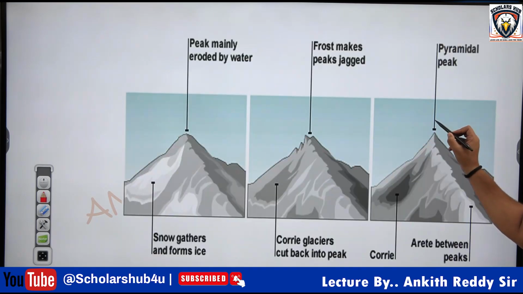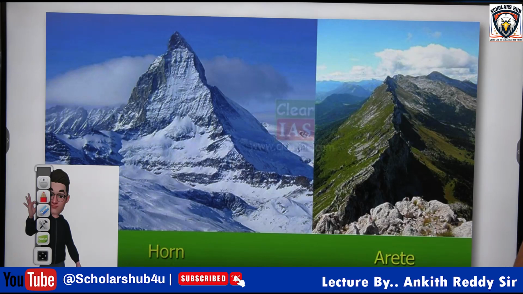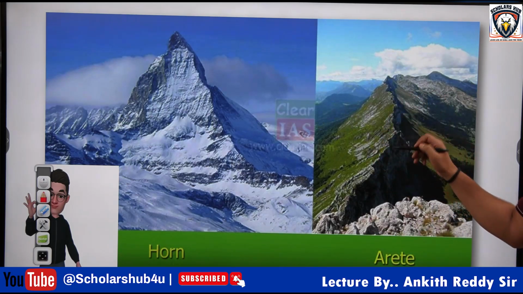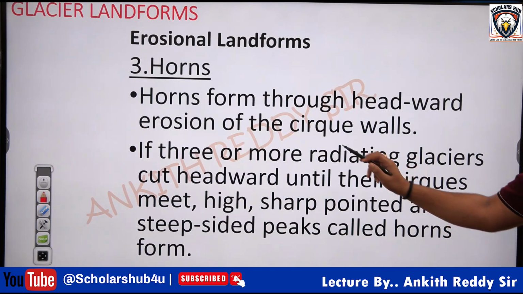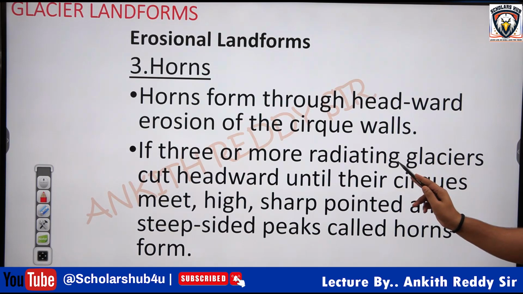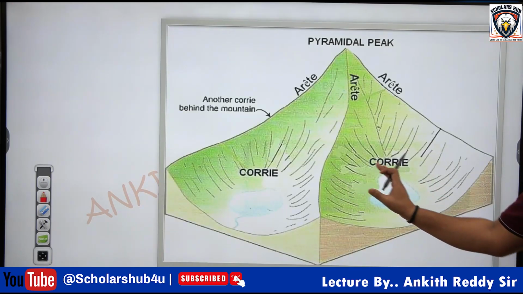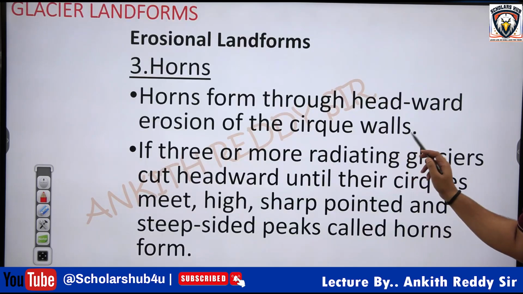So sharp pointed peaks are nothing but horns. Similar to the arêtes like this. If there are three or more radiating glaciers, until their cirques meet, a high sharp pointed edge forms, which is a horn. More or less similar to arêtes.